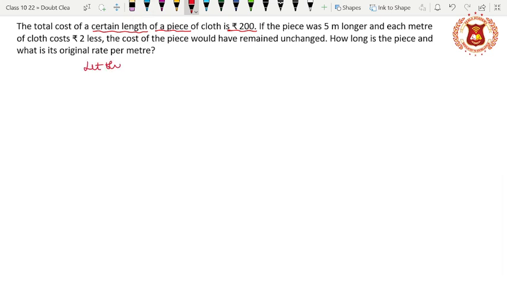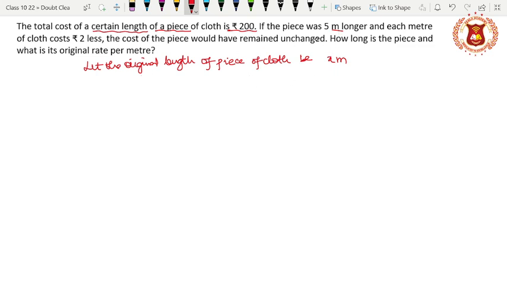Let the original length of a piece of cloth be x meters, because everything is in meters here, therefore we'll take x meters here, right?